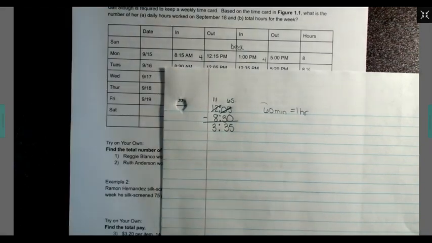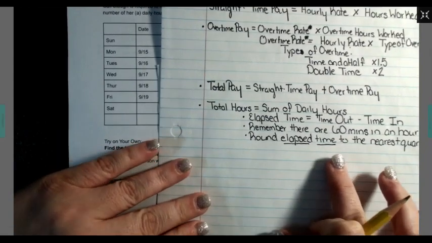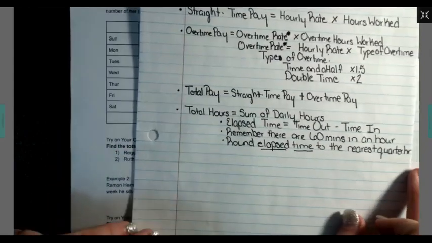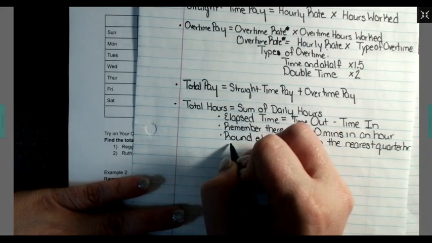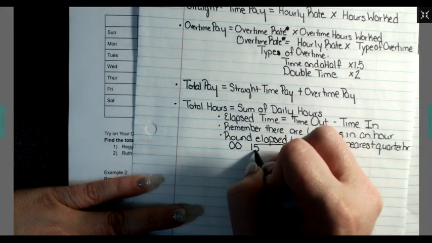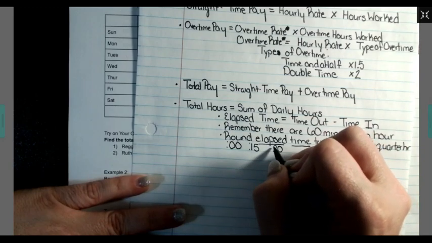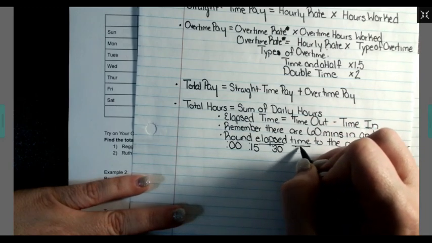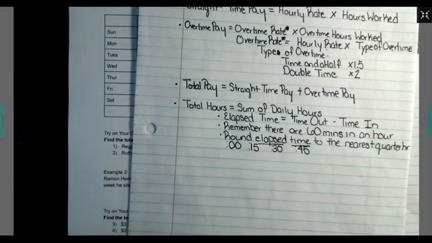But please make a note, this part right down here. Round elapsed time to nearest quarter hour. Now, quarter hours would be on the hour, so 0 minutes, 15 minutes, 30 minutes, 45 minutes, and then it would be the next hour. Okay?